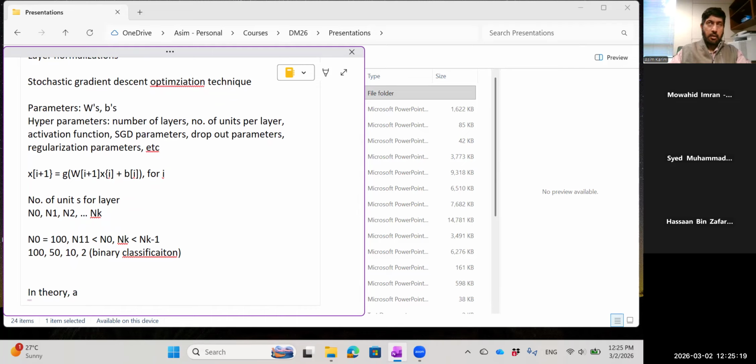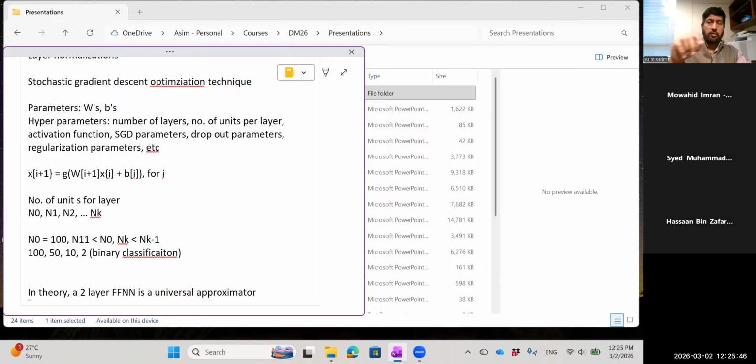A, sorry, a two-layer feed-forward neural network is a universal approximator. Of course, ये two-layer with non-linear activation function. But in practice, we tend to increase the number of layers. By the way, one layer होगा तो वो logistic regression है. ठीक है? Two layer and more layers becomes feed-forward neural network.